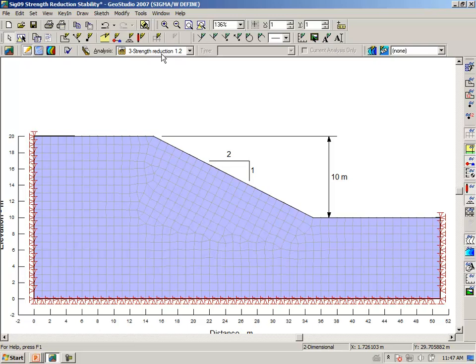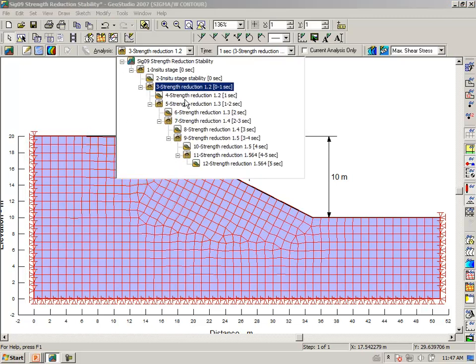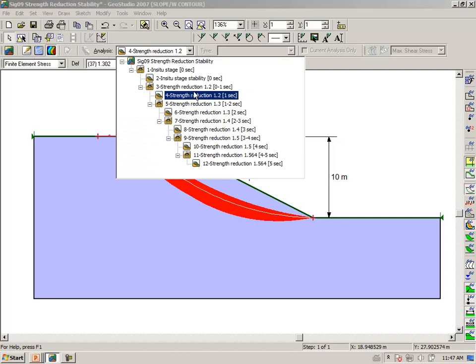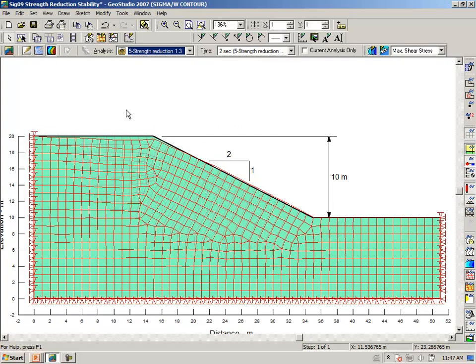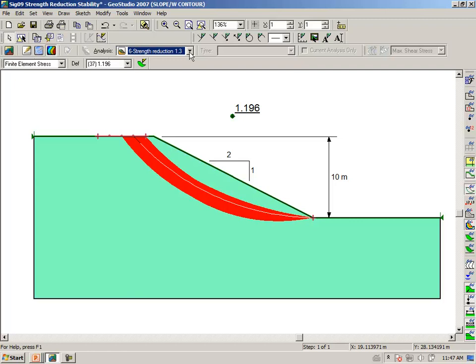So for each of the cases then, we have first of all a strength reduction, and here is the deformed mesh at a strength reduction of 1.2, and then using the reduced strength we get a factor of safety of 1.3. Then going on to the next SIGMA analysis with a reduced strength of 1.3, we begin to see a slightly larger deformed mesh, and the factor of safety is now 1.196.